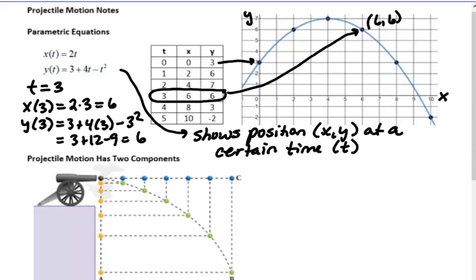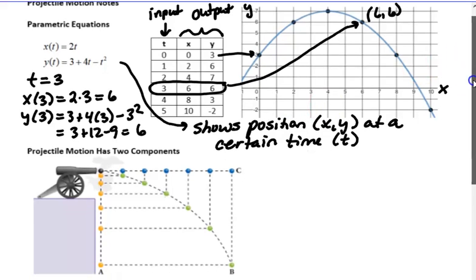So this is really an unusual situation where the input is t, but the output of the function is actually a pair of values. So the output is actually the x, y. Okay, so for each input t, we get an output that is actually a pair of values, a position on the graph. And this is what a parametric equation is.